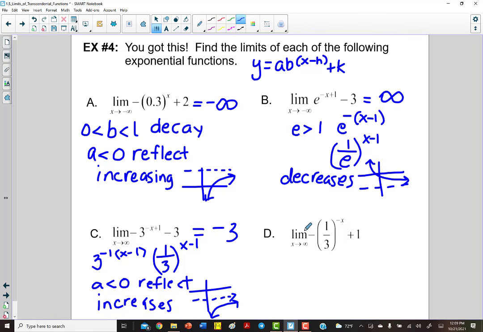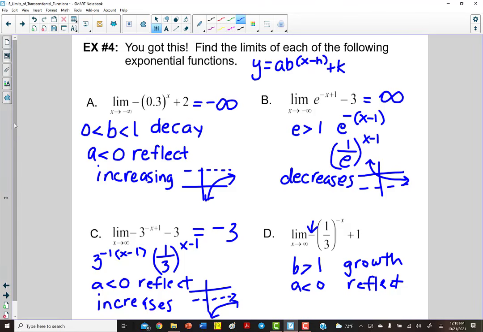In example D, we've got the limit at positive infinity for negative 1/3 to the negative x power. So 1/3 to the negative 1 power becomes the base is 3. So the base is bigger than 1. That indicates we've got a growth function. But the a number here is negative. So the a number causes that growth to reflect.